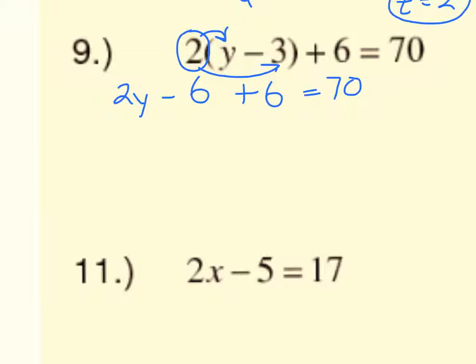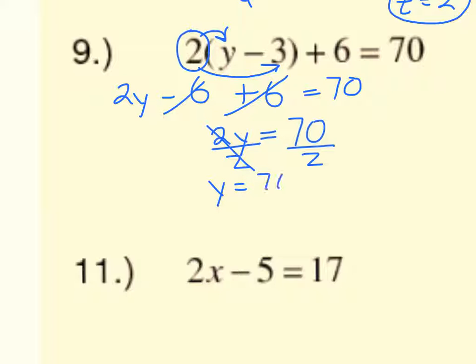Well, the negative 6 and the positive 6, they're going to cancel. So I'm left with 2y equals 70. To get rid of the 2, I divide both sides by 2. That cancels. y equals 70 over 2, which equals 35.